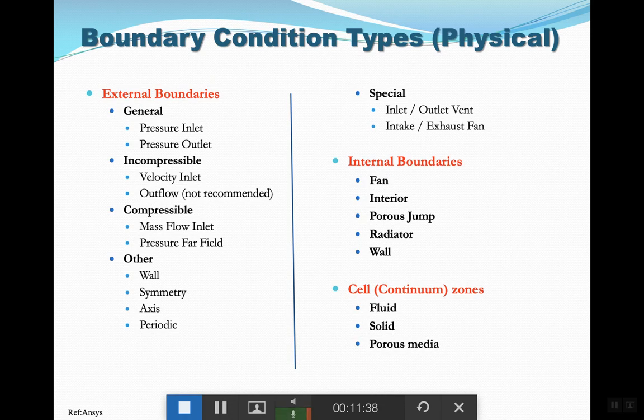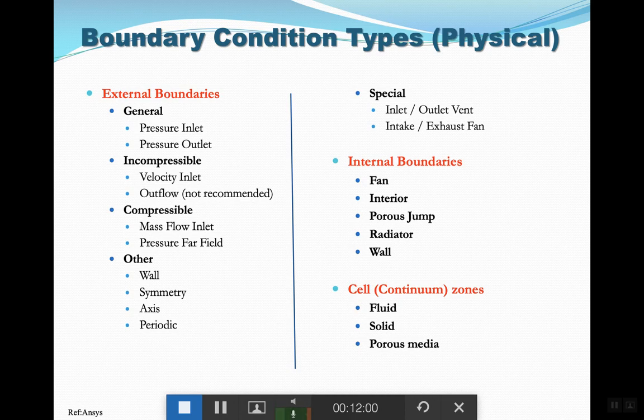The internal boundaries, on the contrary, are inside your control volume. You might say, why do we have boundaries inside the control volume? There are many applications for them, which we will be seeing today in our discussion.